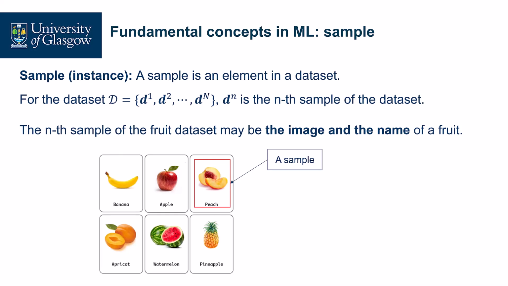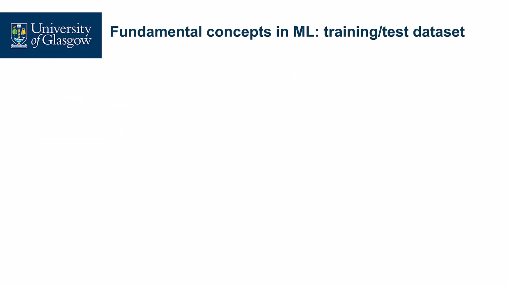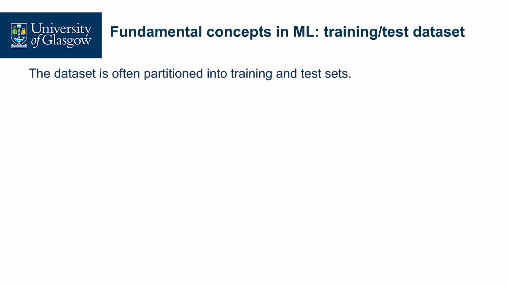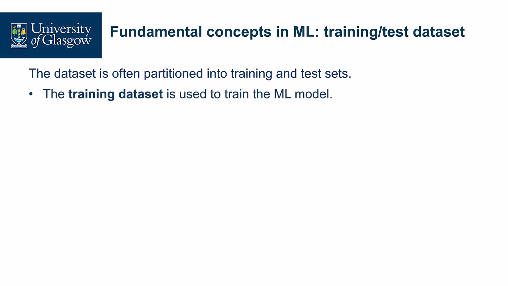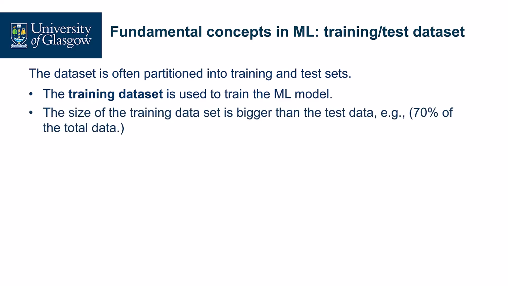Normally in a data set, if you do supervised learning, we often partition the data set into the training data and the test data. These are of different use. The training data is used to train the machine learning model, to obtain the model using this data. Normally, the size of the training data is much more than the test data.